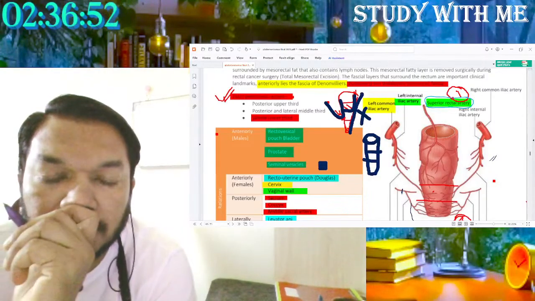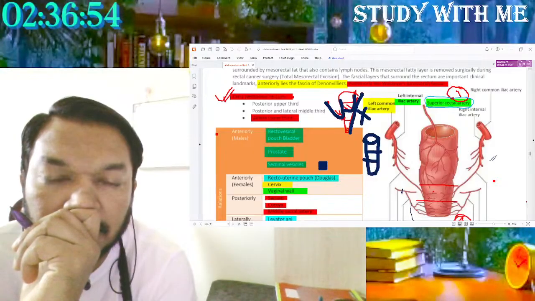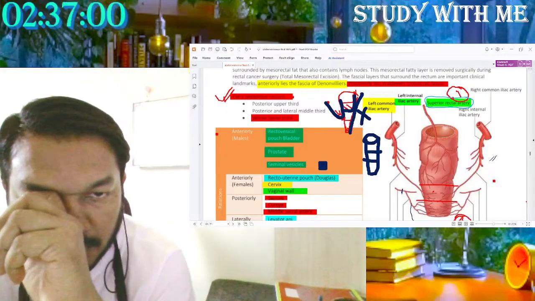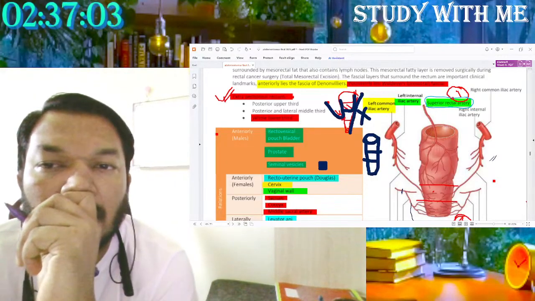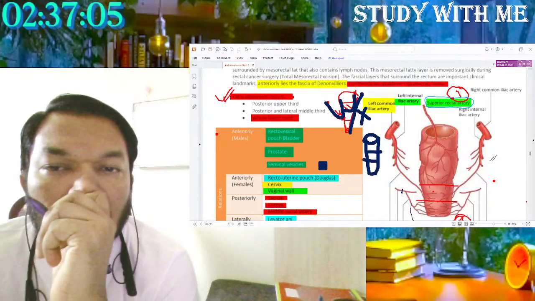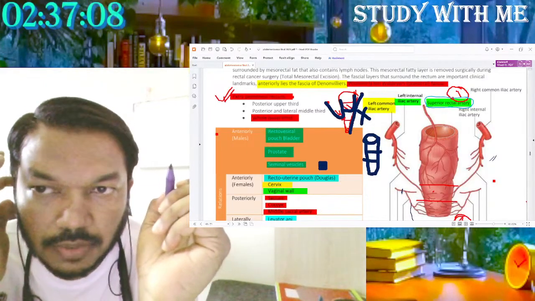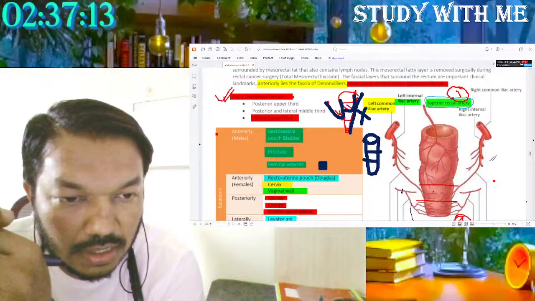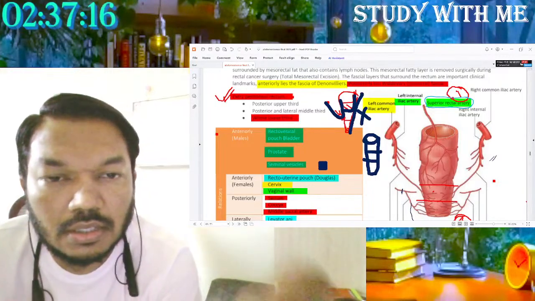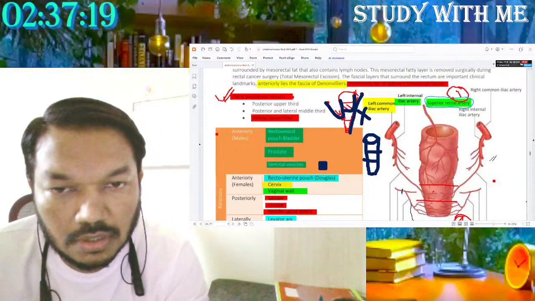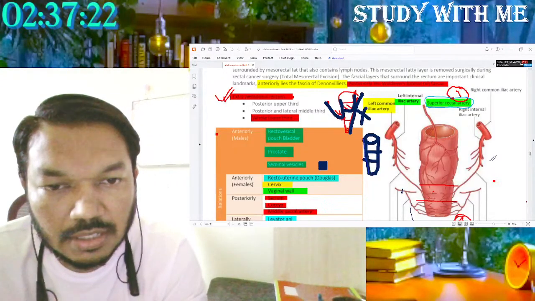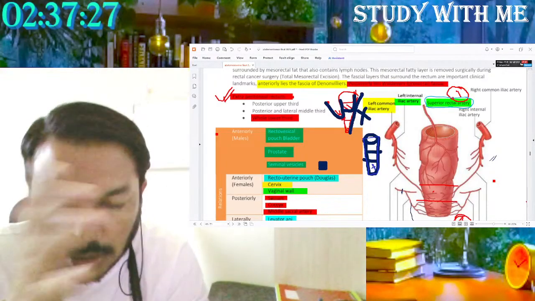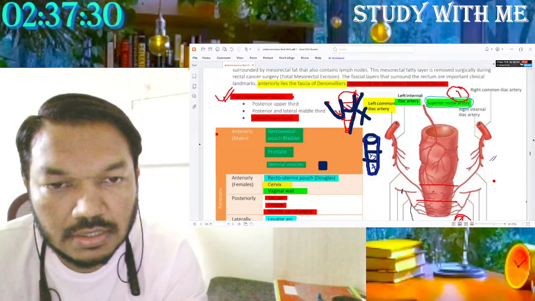Posterior upper third, posterior and lateral middle third, whole lower third. Extraperitoneal means without peritoneum. Suppose this is the rectum. This is the lower one third, this is the middle one third, and this is the upper one third.